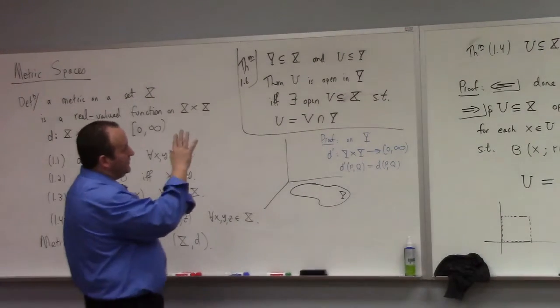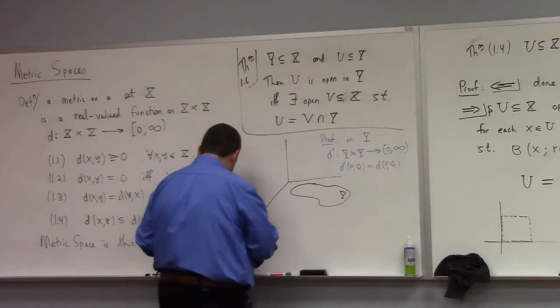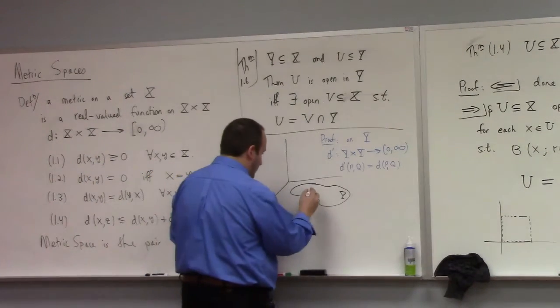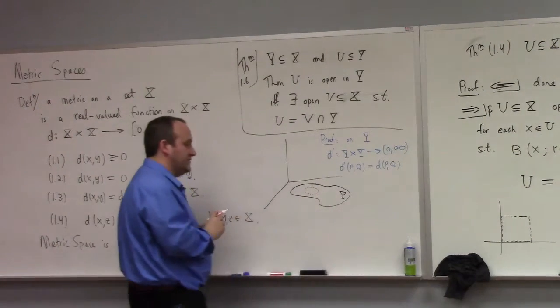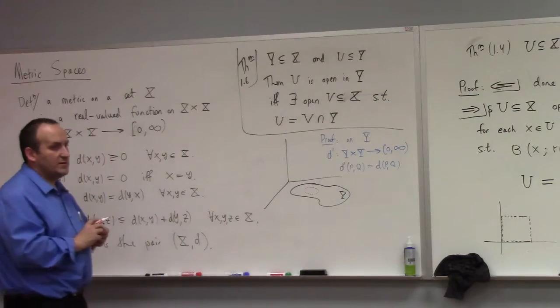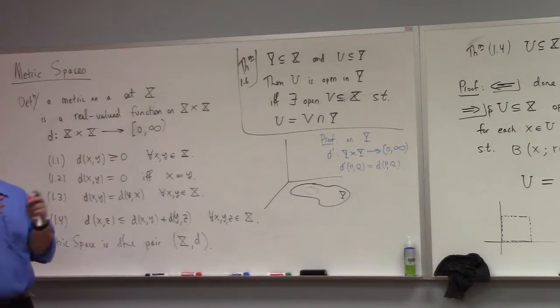But the larger idea, let me maybe draw a picture here. U is open. So maybe U is something like that. I'll focus on an open ball in the puddle, but it could be an open square or something.